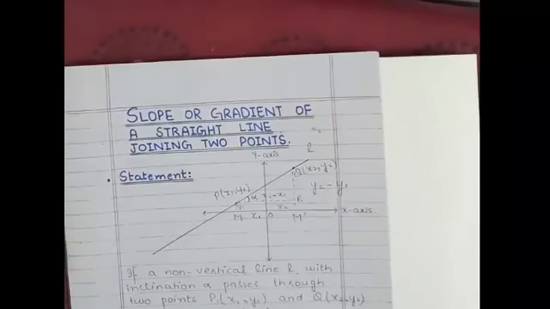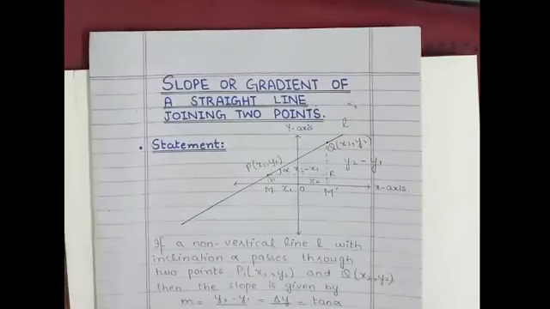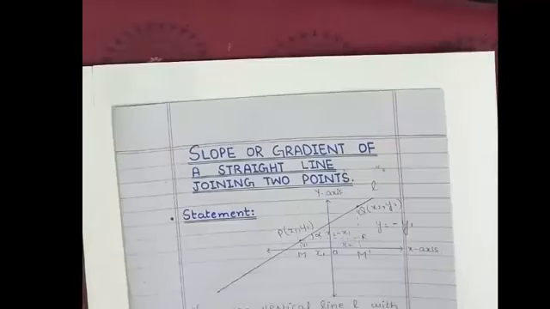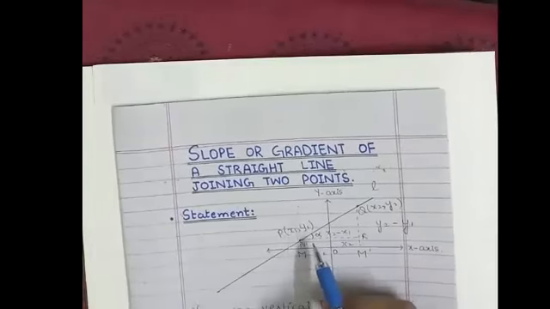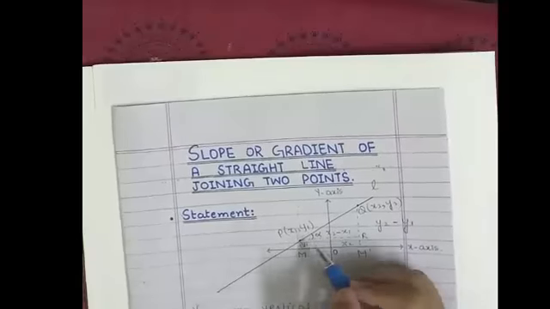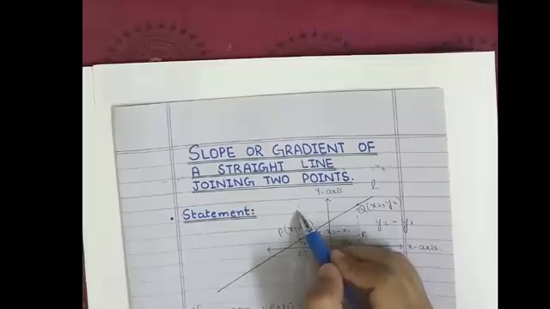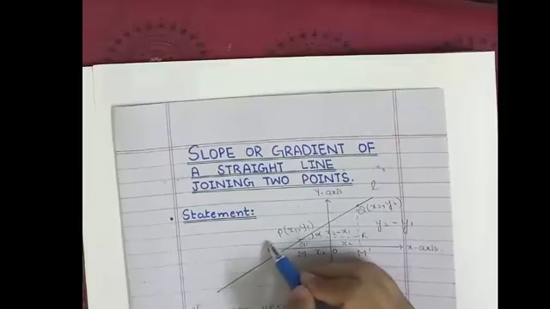Now see, there are two cases, and in both the cases we will prove the same thing, that m is equal to y2 minus y1 over x2 minus x1. This is angle alpha. We have to check the two cases and we will prove in both cases the answer of the slope is same. This line represents 0 if we consider it in a quadrant, this line represents pi by 2 and this line represents pi.